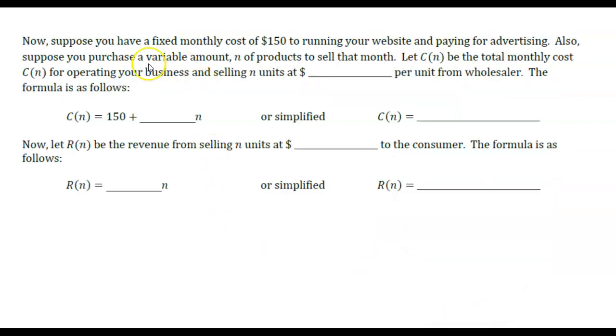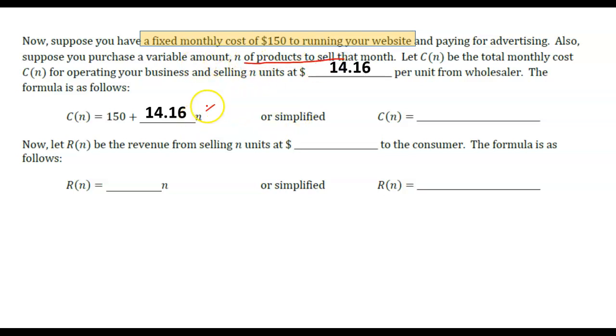On the next page, it says, suppose the monthly fixed cost of running my website is $150. That also pays for advertising because I want people to know about my product and buy at my website. So I decided the wholesaler is going to charge me about $14.16. So that equation would be 150 plus $14.16 N, where N is, of course, the number of products I sell per month.